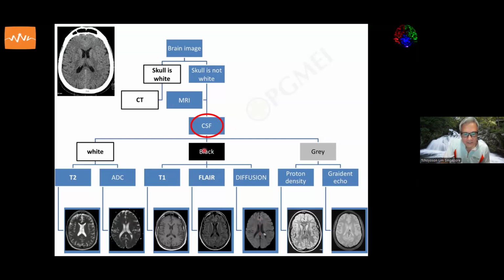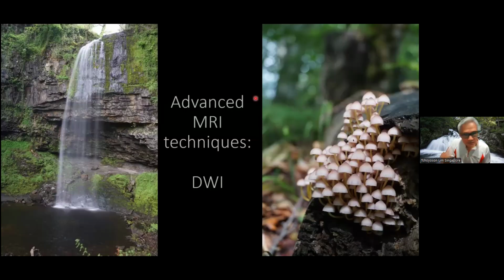If the CSF is black, it's usually either a T1 weighted MR image or a FLAIR or diffusion, which is low resolution. And we have the others, including gradient recalled echo and, less commonly used now, proton density, where the CSF is gray in color. So that's a very simplified and oversimplified method of telling which image is which.